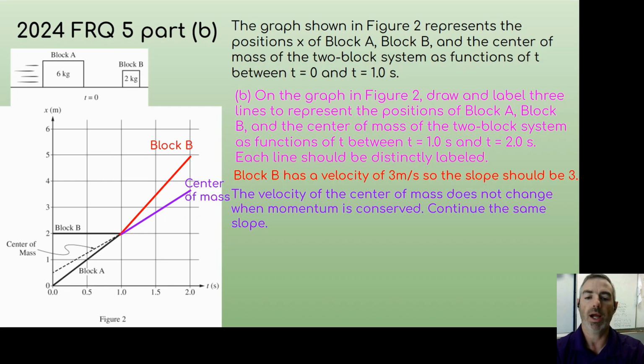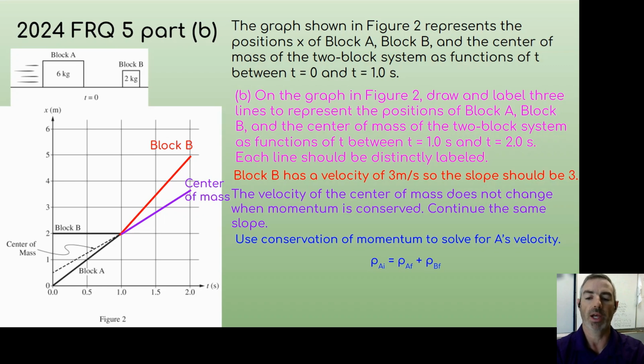For block A, we know its velocity before the collision is 2 meters per second, but now we need to figure out the velocity of block A after the collision. So we're going to use conservation of momentum. We set the momentum before the collision equal to the momentum after the collision. We've got two things moving after the collision and only one before. So the momentum of A initial equals the momentum of A final plus the momentum of B final.